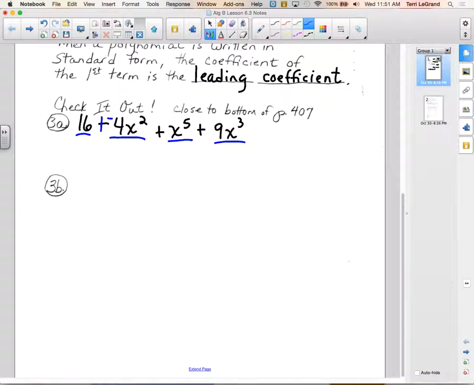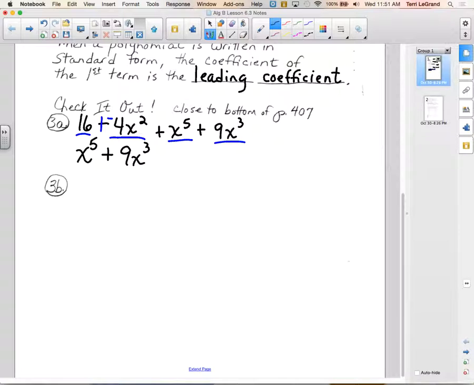We need to rearrange those monomials so that the exponents go from greatest to least. So which term should we put in front? X to the 5th. X to the 5th gets to lead the pack because it has the highest exponent. Plus 9x to the 3rd power is the next smallest exponent.